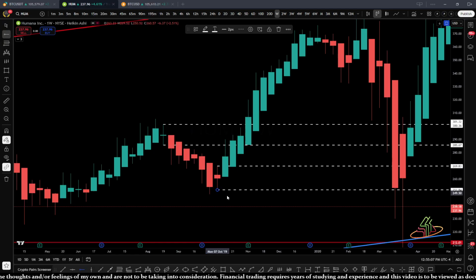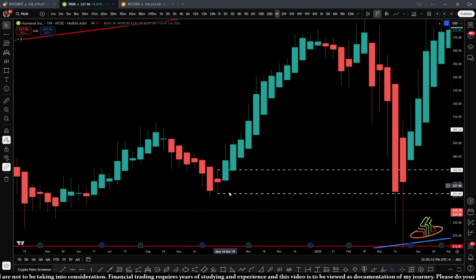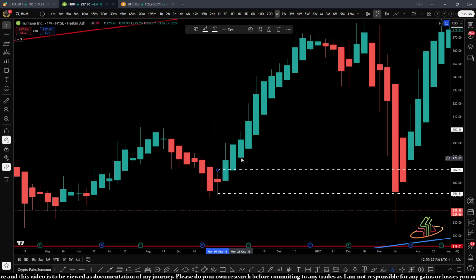We got the indecision candle. You take that indecision candle, and then you're waiting again. We're not getting in on this bar, but we're getting on this bar, which is fully closed outside of this. After we get in on that bar, everything from here is a smooth ride.